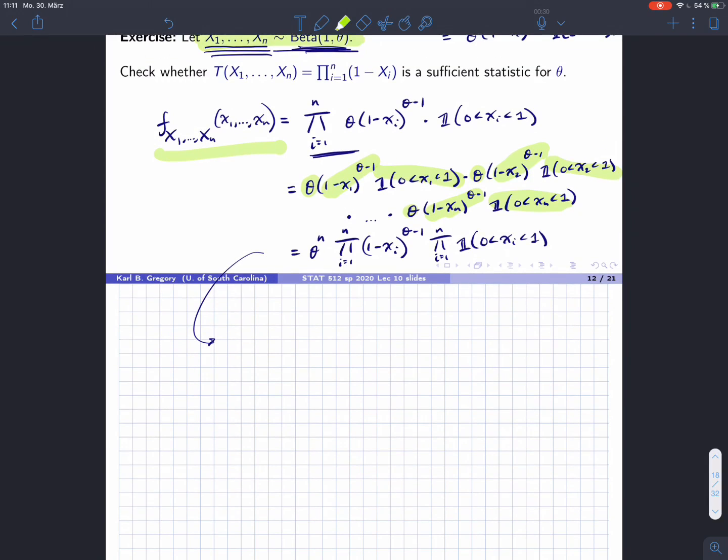So I'm not quite there yet. I want to somehow get this to appear down in here. And it's almost there. I've got this thing, but each one of these is raised to the power theta minus 1. I can write this like this.